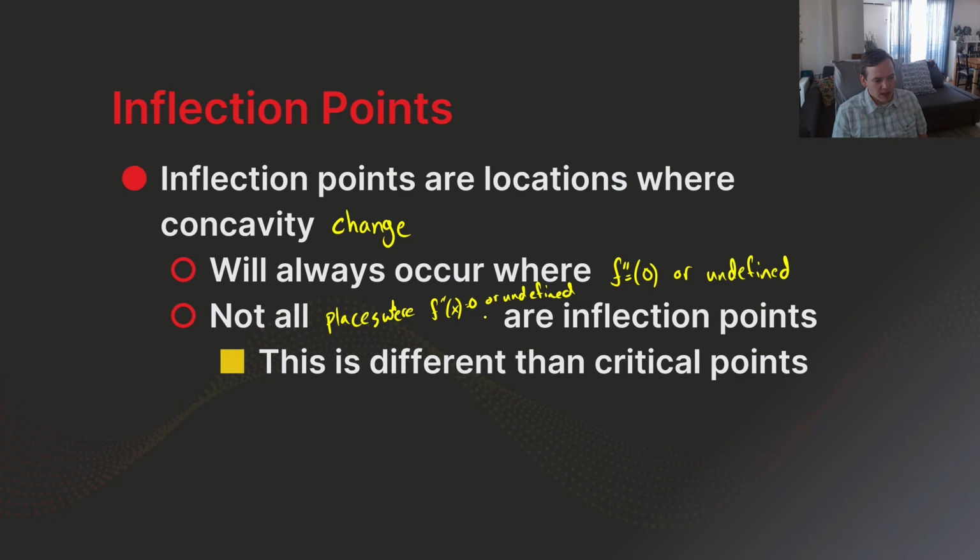Now, if you want an example where the second derivative is 0 or undefined without it being an inflection point, it could be something like this, where the function is decreasing and then goes flat for a while and then increases. Or a function curves up, then goes flat for a while, and then curves up more. Everywhere that the line is flat, there's no curvature, so f double prime equals 0 or is undefined.